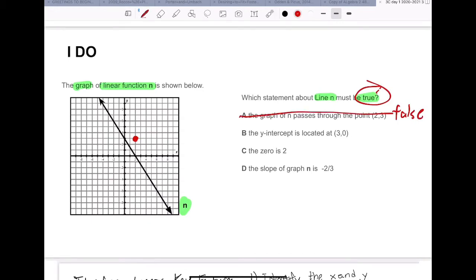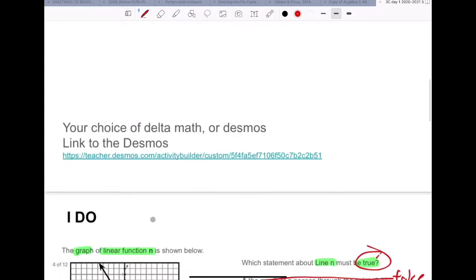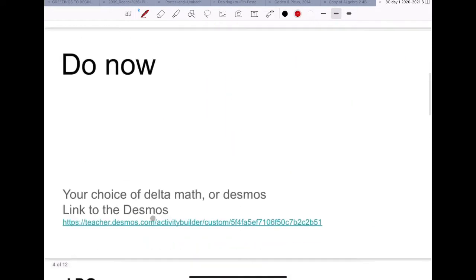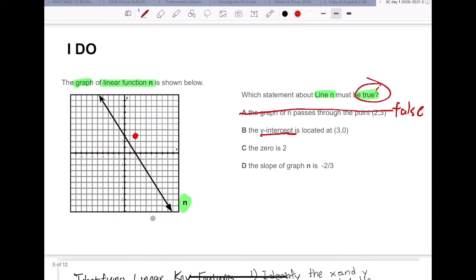The y-intercept is located at 0, 3. Okay, so this is the y-intercept. If we go back to our anchor chart, it is where it crosses the y-axis. Looking at this, the line crosses the y-axis here, and that is the point 0, 3. I'm going to label that the y-intercept.